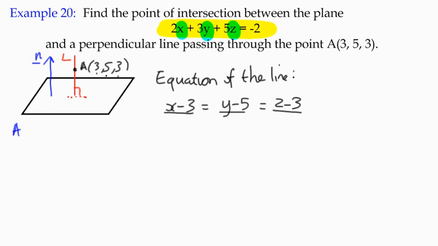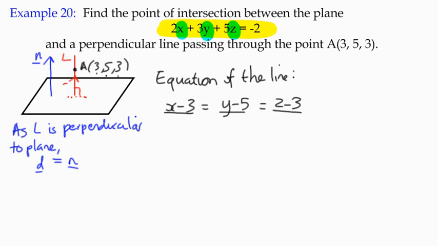So as L is perpendicular to the plane, we can say the direction vector of the line is equal to the normal vector of the plane.